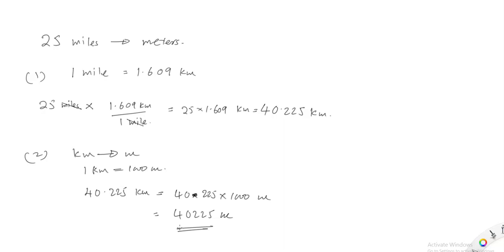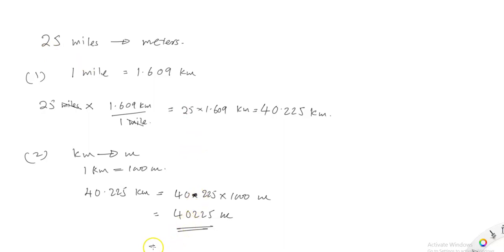Now if somebody says, consider the significant figures, what do I do? The first starting point has 2 sig figs. 25 miles has only 2 sig figs. The answer should only have 2 sig figs.